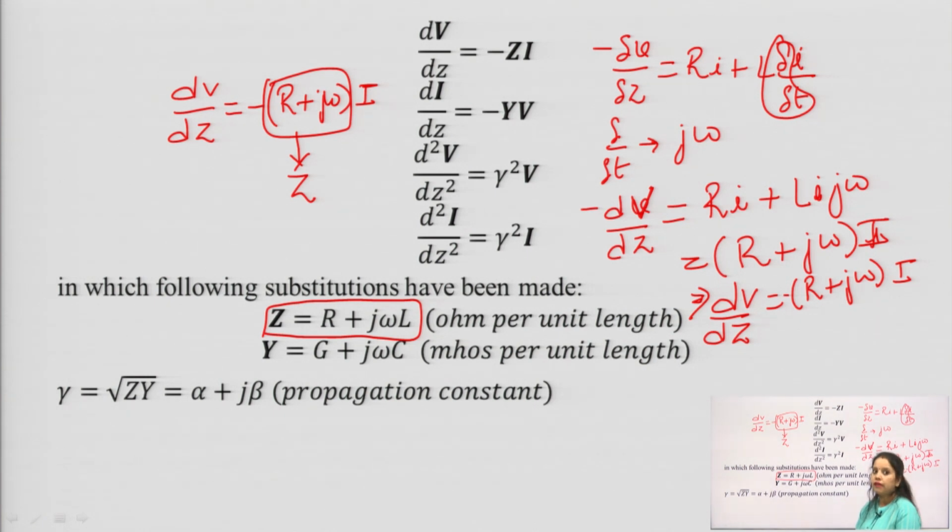Similarly, with the help of equation 2 you are able to get this equation, with the third equation you are able to get this equation, and with equation 4 you are able to get this equation.